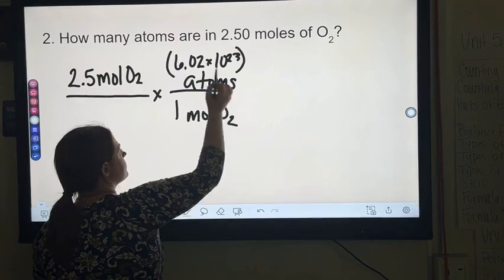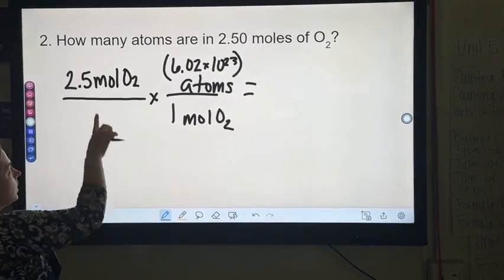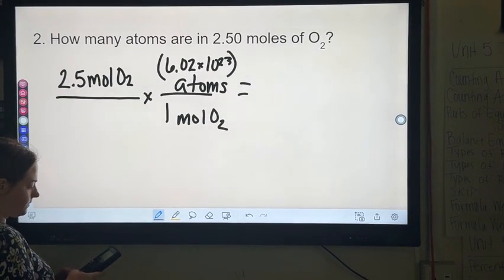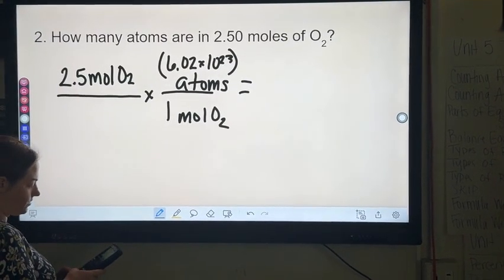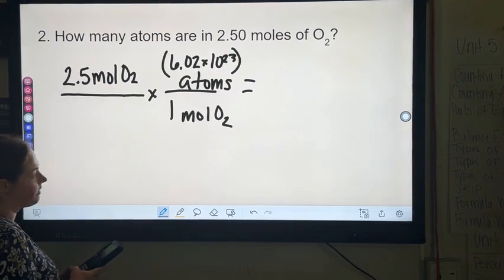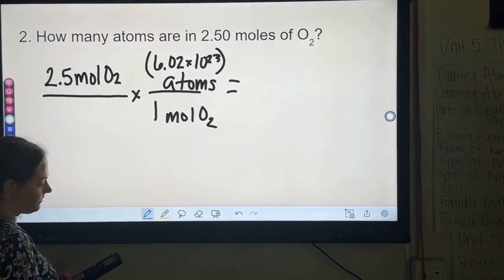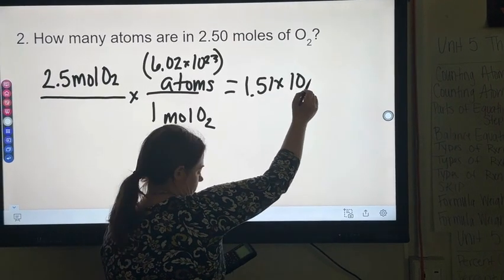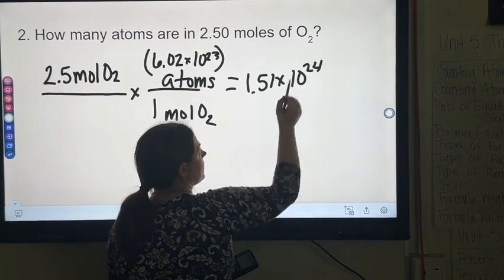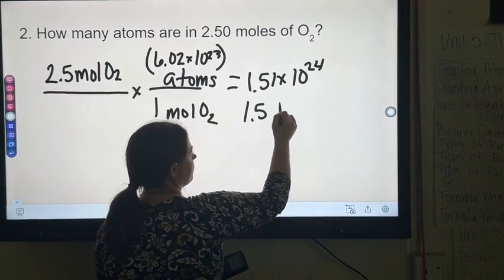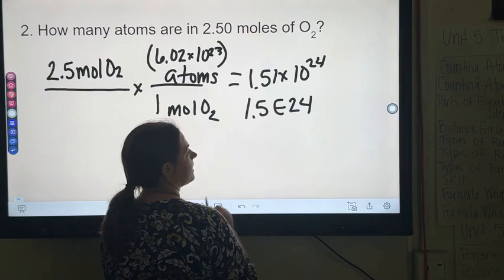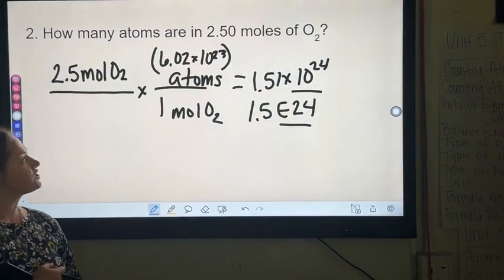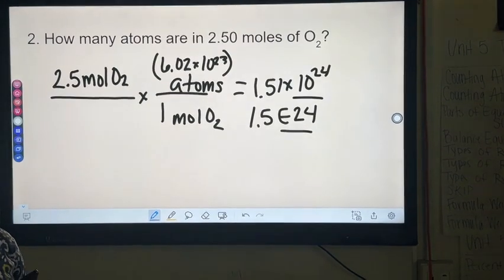I'm going to put it in parentheses, and then we can solve. We're going to multiply the top, so 2.5 times 6.02 times 10 to the 23rd, in parentheses. Anything divided by 1 is itself, so 1.51 times 10 to the 24th. Now your calculator might show 1.5 e to the 24th. That is the same thing, but you do need to write this ending. If you have any questions, make sure to check in with your teacher.